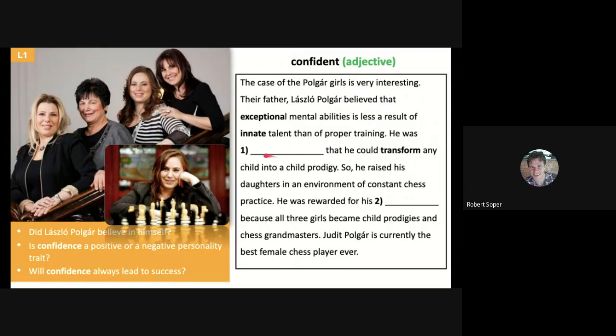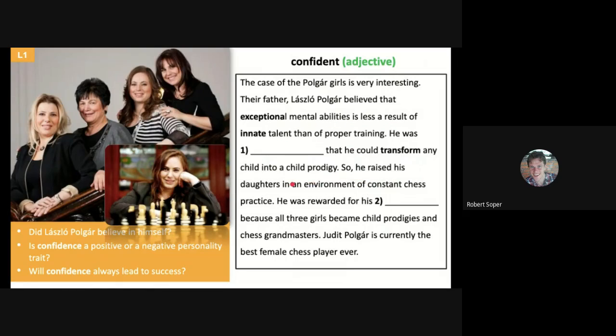He was confident, that's the adjective, confident that he could transform any child into a child prodigy. So, he was confident that he could transform any child into a child prodigy. Notice here that we're using the adjective following the simple subject, be verb, adjective construction.